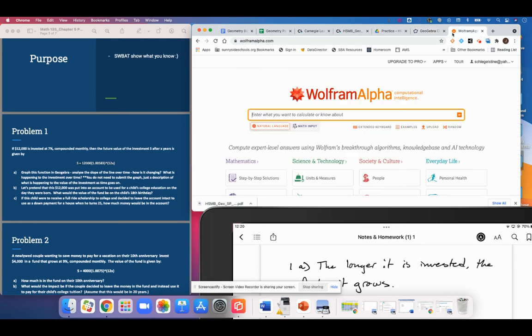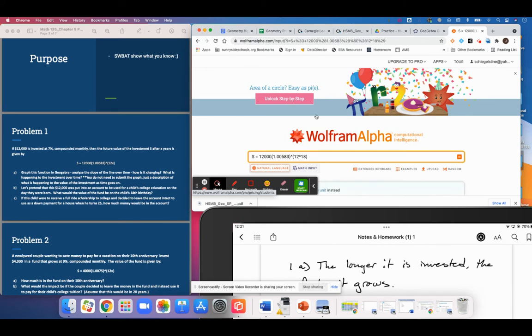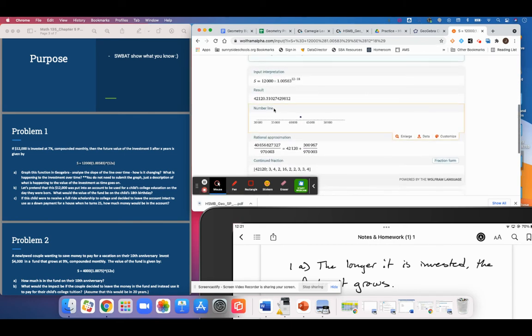That's pretty awesome. So let's go ahead and give this to Wolfram, and we will take a look at this and get the exact numbers. So the child's 18th birthday, we're going to need to put the 18 in for, I can't remember if that was X or T, I think it was an X. And we will see that Wolfram gives us $42,120.31.